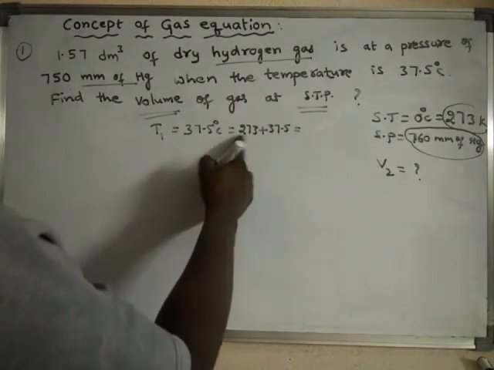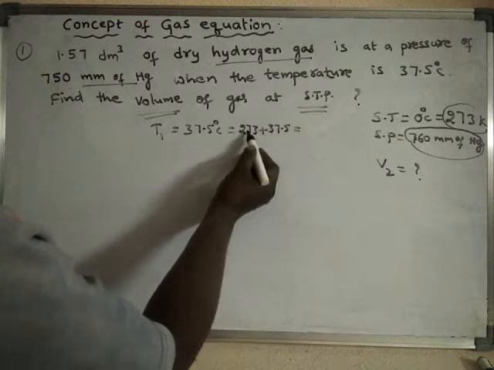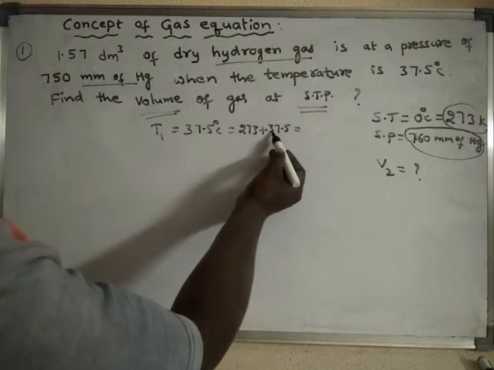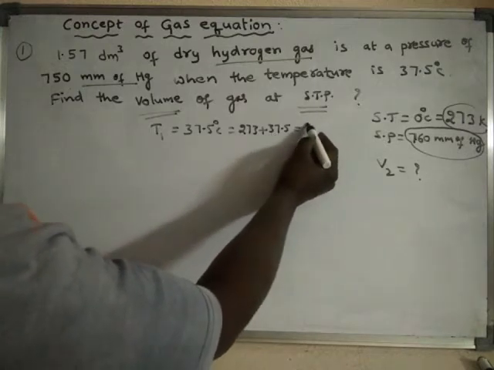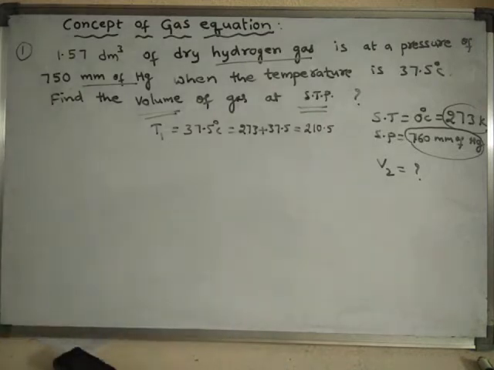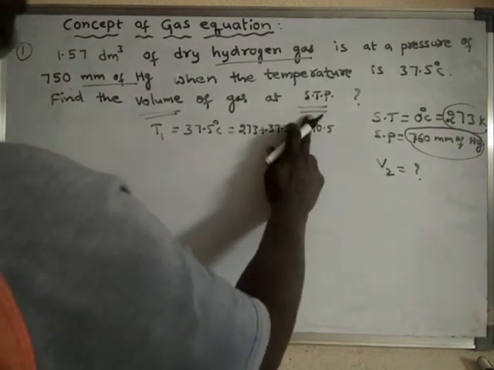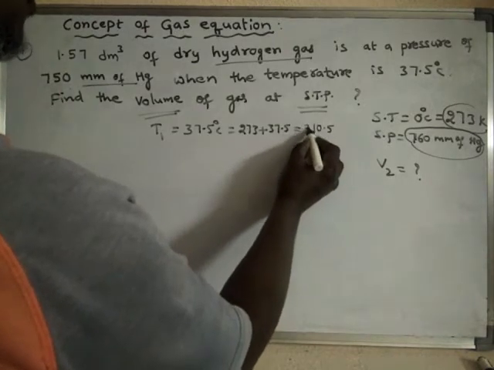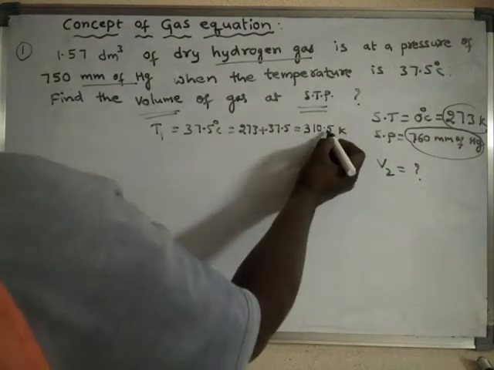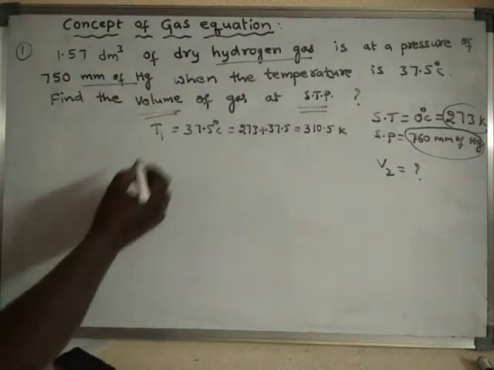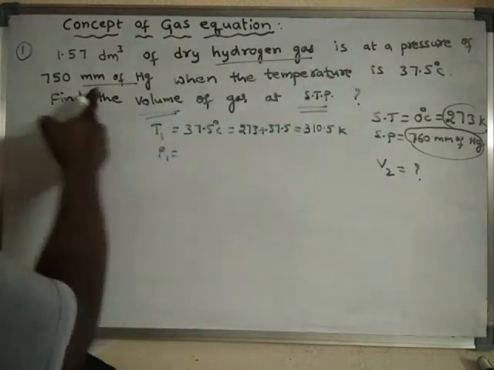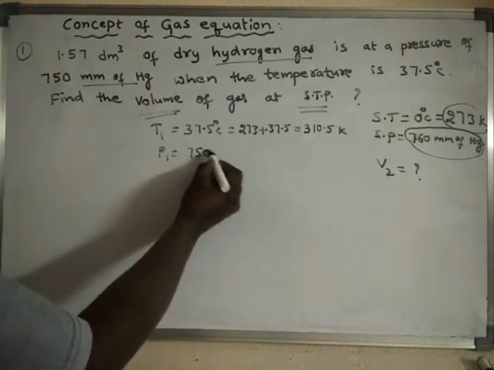So how much will it be? Sorry, 310.5 Kelvin. So this is the initial temperature. What is the initial pressure? The initial pressure of the gas is 750 millimeters.